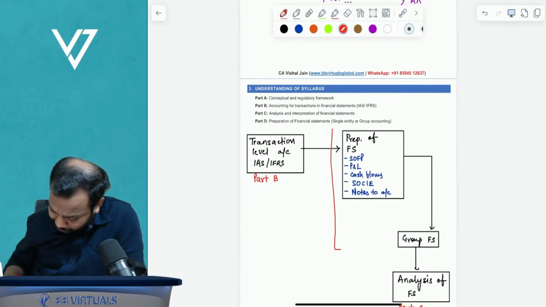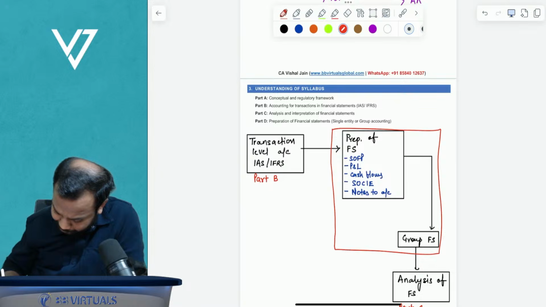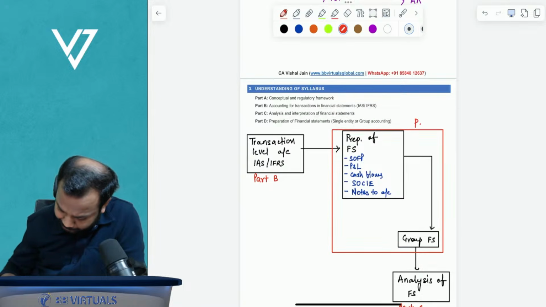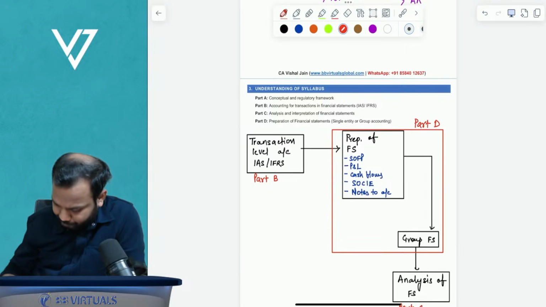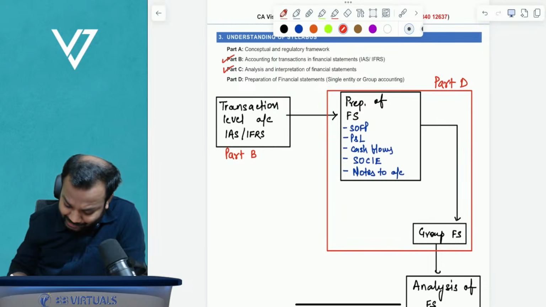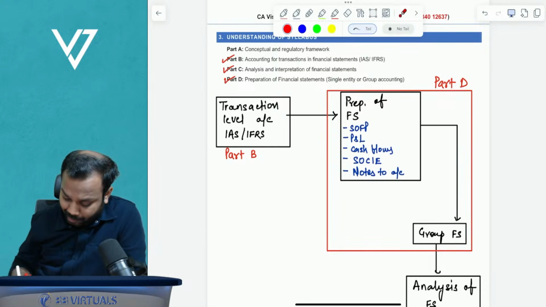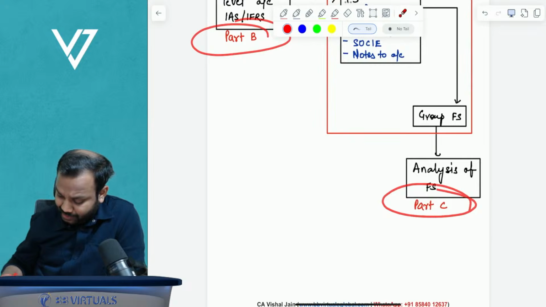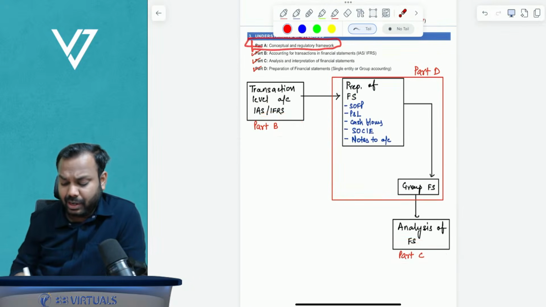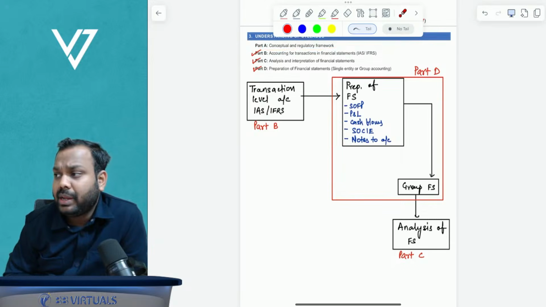So out of 4 parts, part B, part C and part D are done. The only one that remains is part A, conceptual and regulatory framework.